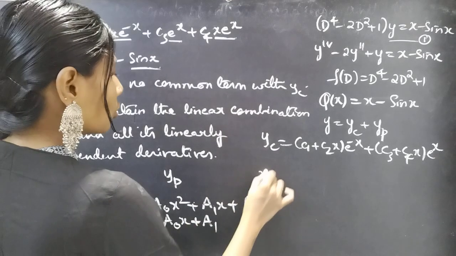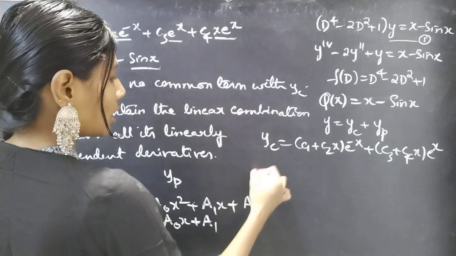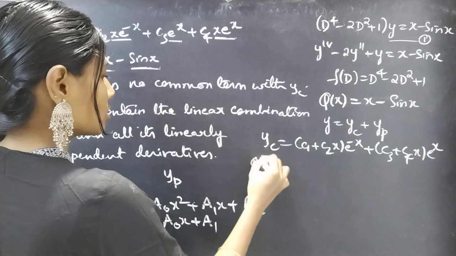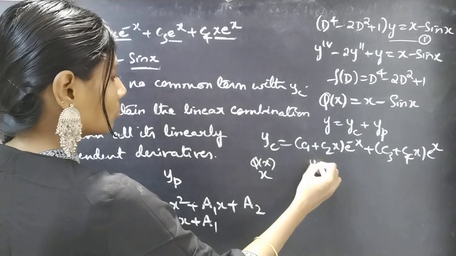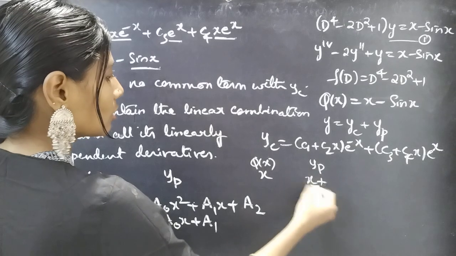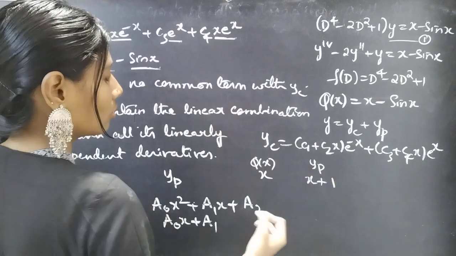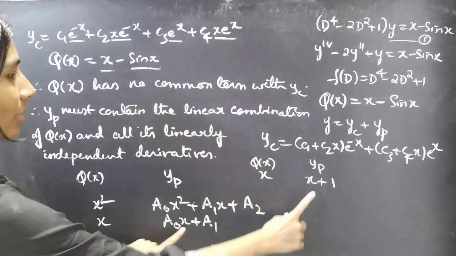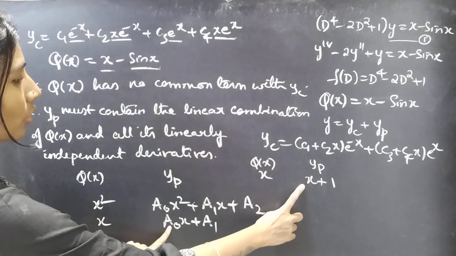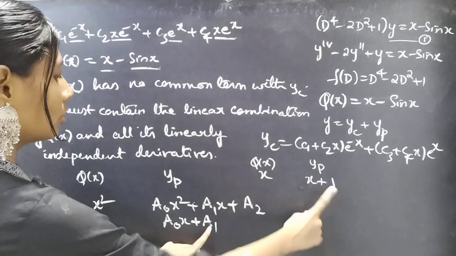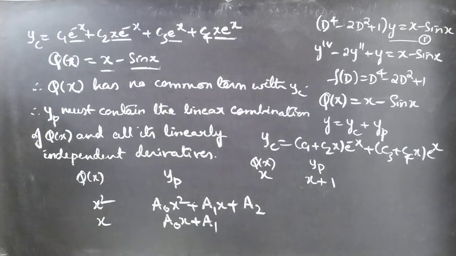Since if q of x is x, then yp contains x and its derivative. Its derivative is 1, right? So you're having x with coefficient a naught, and instead of writing constant you're writing a1.